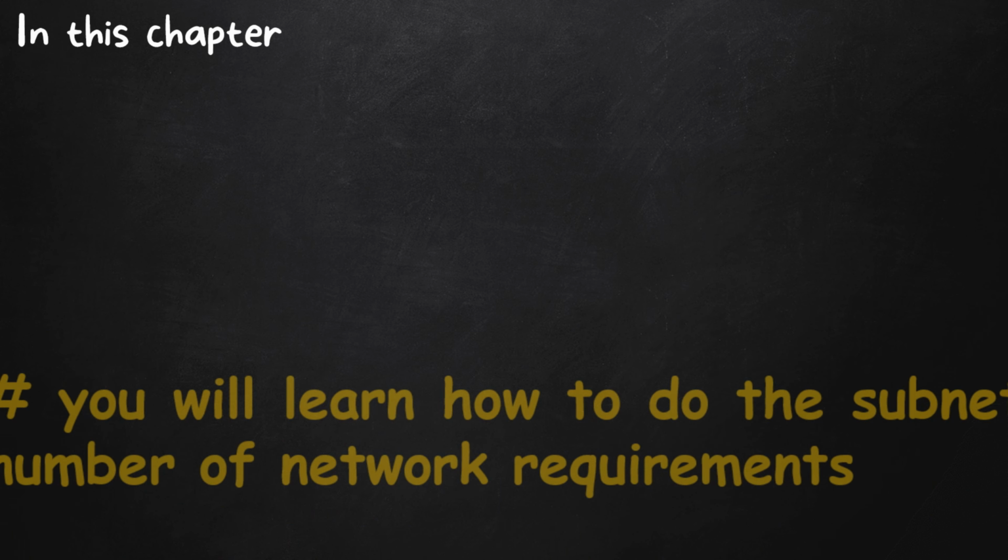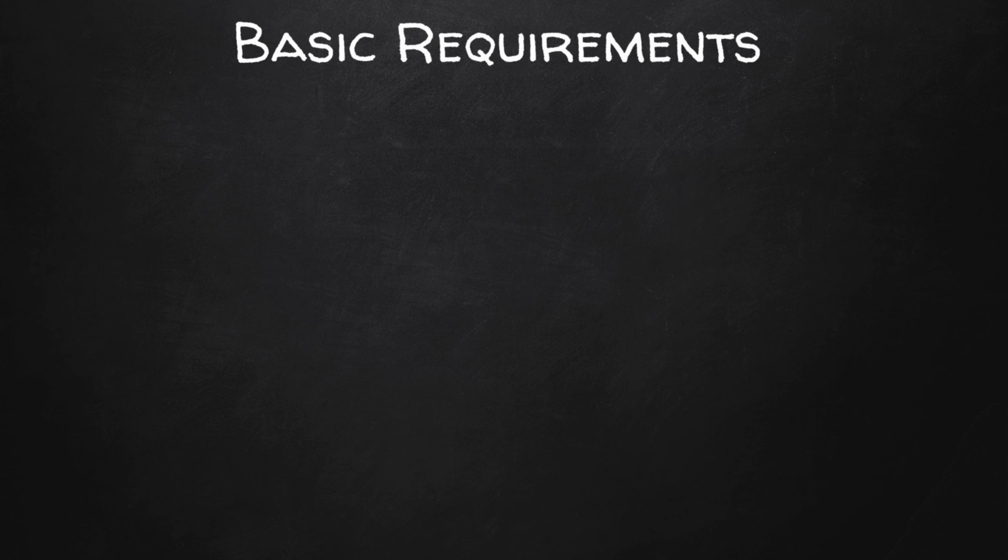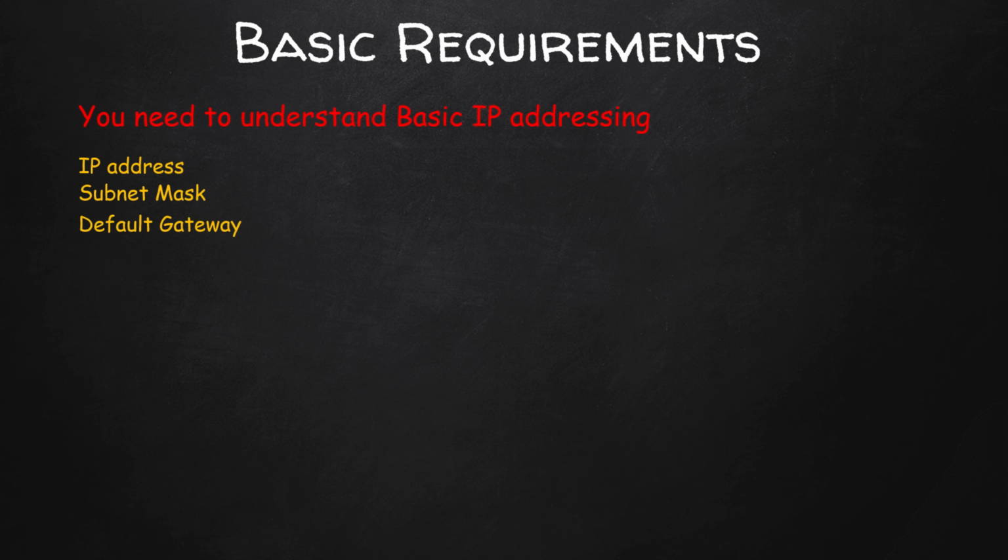In this chapter, you will learn how to do subnetting based on the number of network requirements. So what are the basic requirements for subnetting? Point number one, you need to understand basic IP addressing, such as what is an IP address, what is the subnet mask, and what is the default gateway.